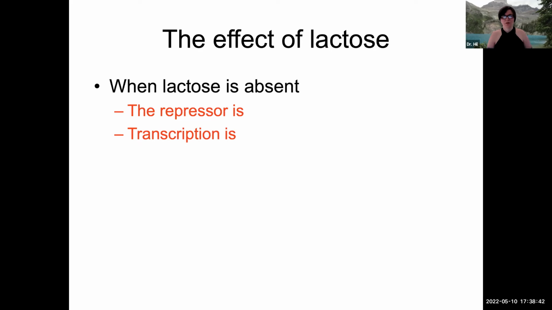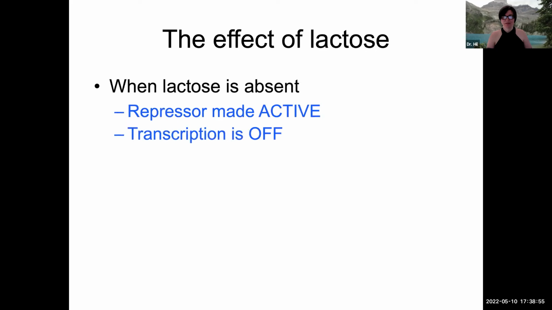Right, the repressor is born ready. Since it's born ready and it's sitting in the operator, what's happening with transcription? It stopped. Yeah. And again, this is what we wanted, right? If there's no lactose, we do not want to make enzymes to metabolize lactose. That'd just be a waste of energy.